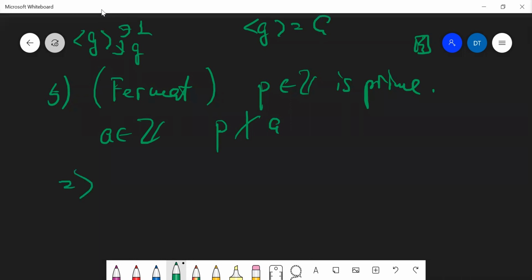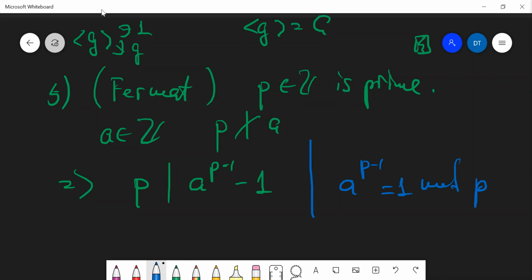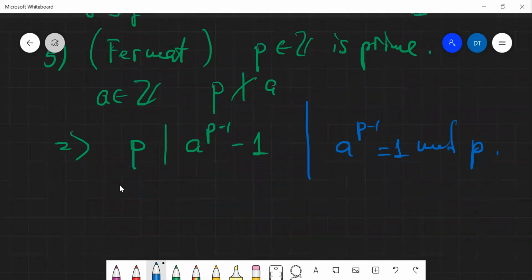Then p divides a to the p minus 1 minus 1. Or you may reformulate this as a to the p minus 1 is equal to 1 modulo p. So this is the Little Fermat theorem.